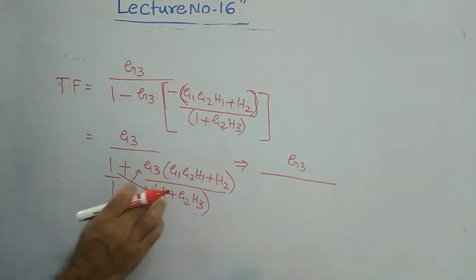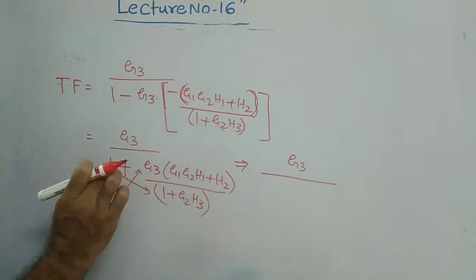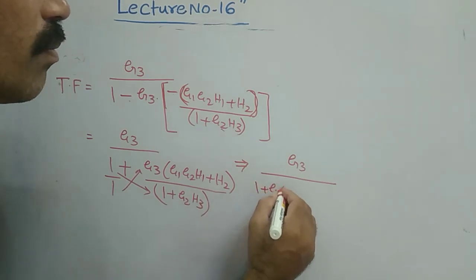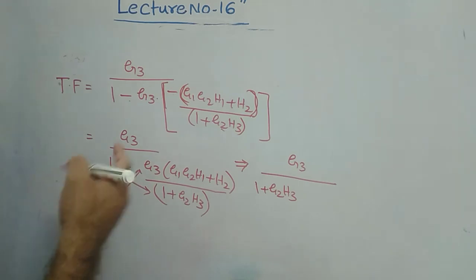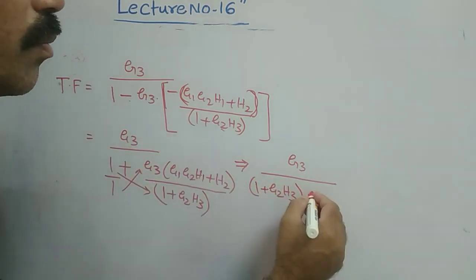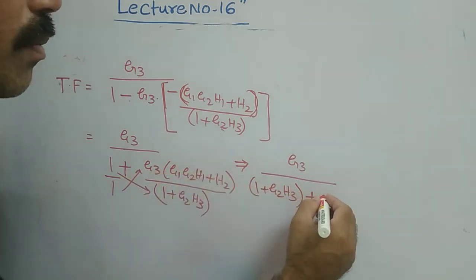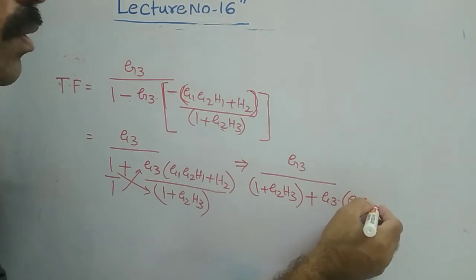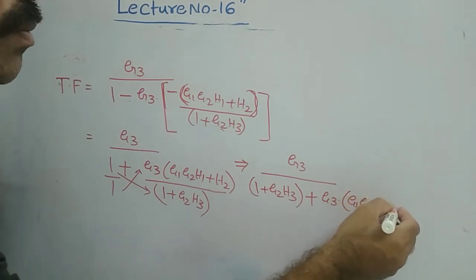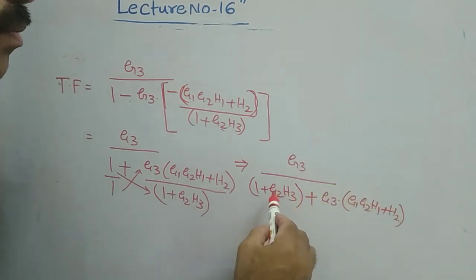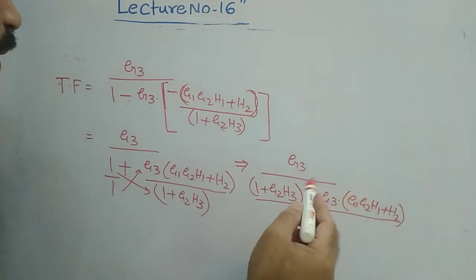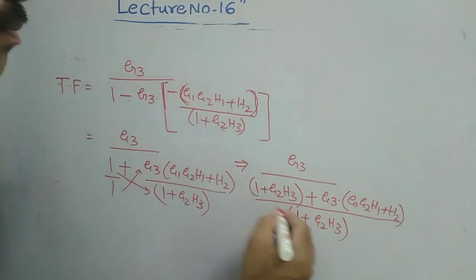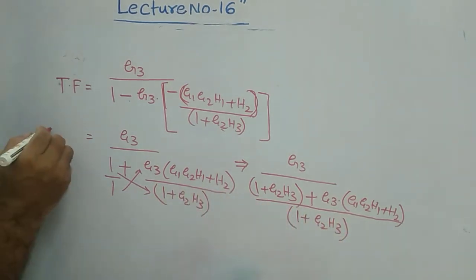Therefore, in the denominator part, 1 plus G2H3 into 1 is nothing but 1 plus G2H3, plus, you can put in bracket, this entire thing G3 into G1, G2, H1 plus H2, by 1 plus G2H3. Is it not? So this is the transfer function.